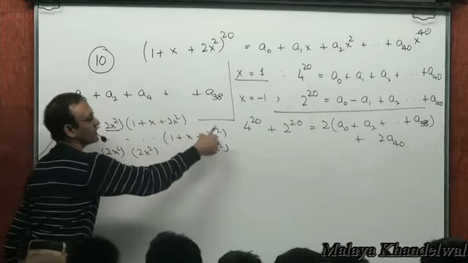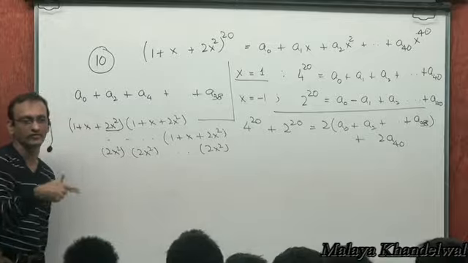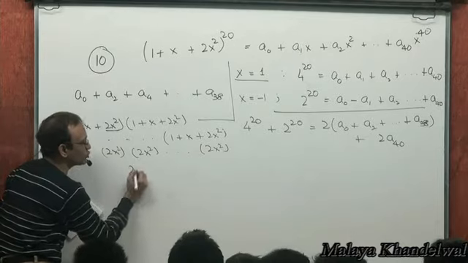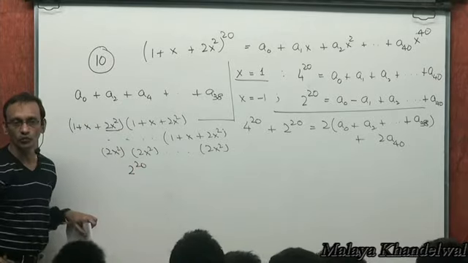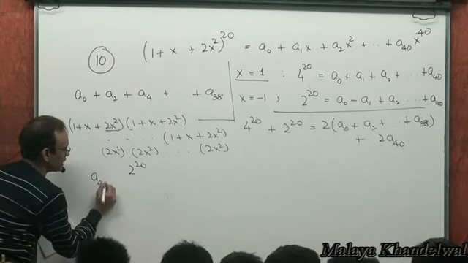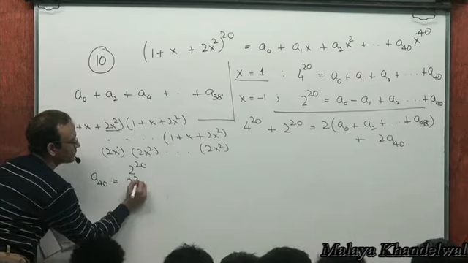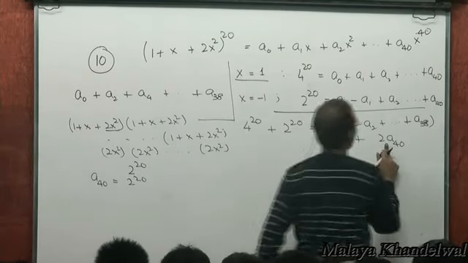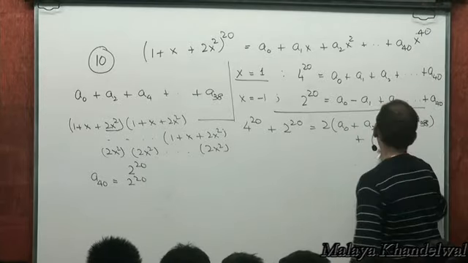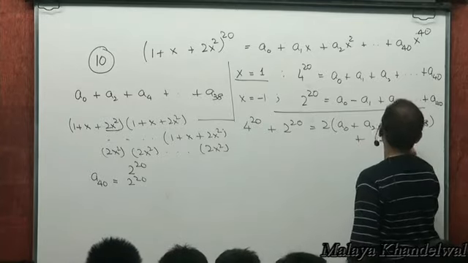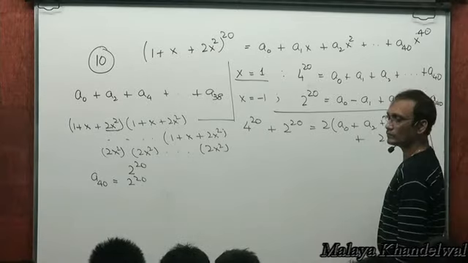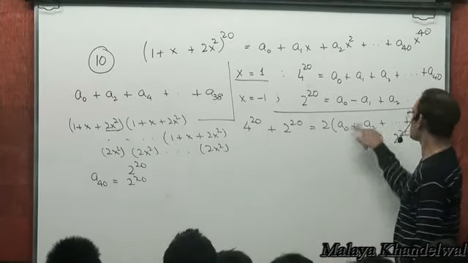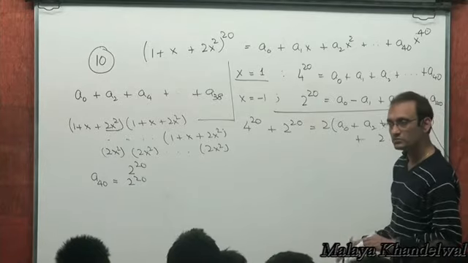That's the only way you could have got x power 40. And therefore coefficient of x power 40 is going to be 2 to power 20. That means a40 is 2 to power 20. So this a40 I can replace by 2 power 20, and then you get the required sum. This is what you need, isn't it?